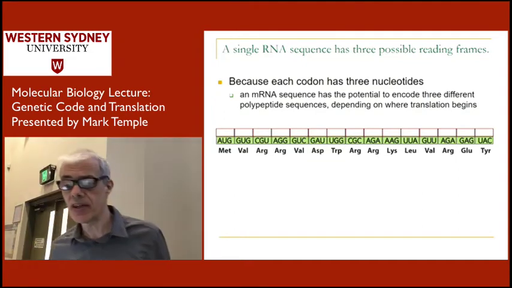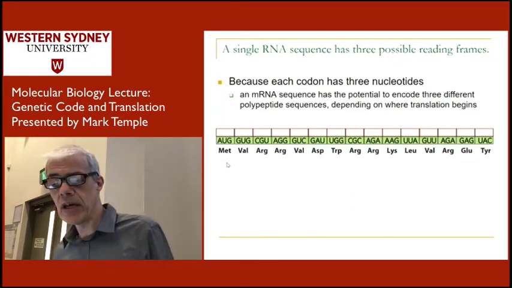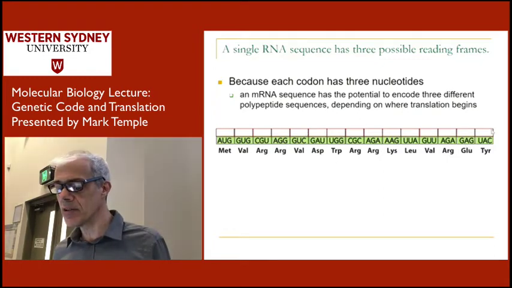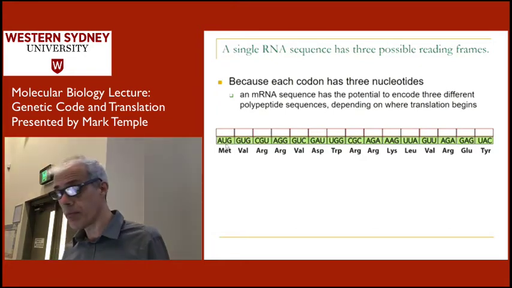And this is just a slide that tries to explain that concept. So this is a messenger RNA shown here, and I've just drawn these squares around the messenger RNA, showing that A, U, and G are a codon. Okay?